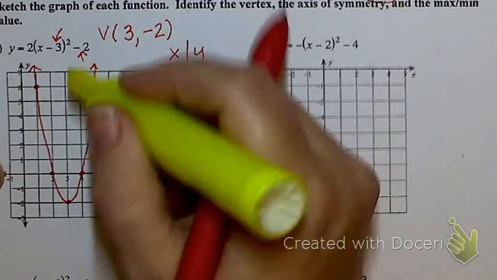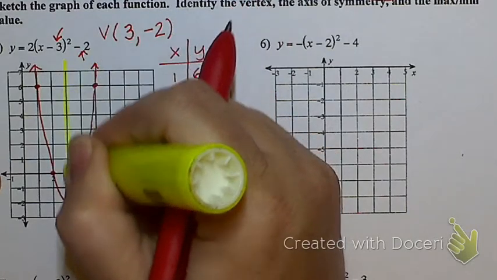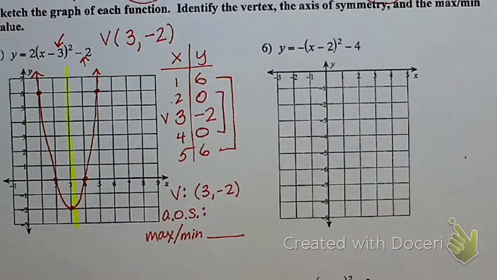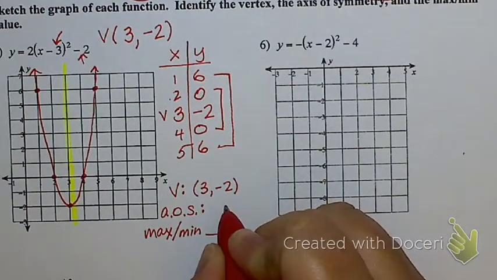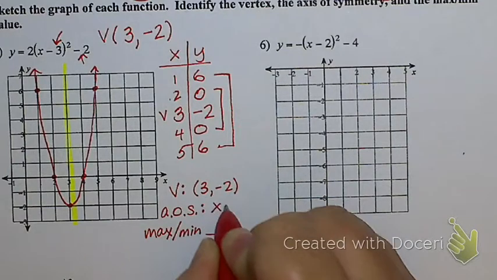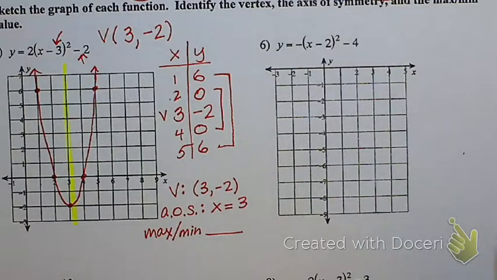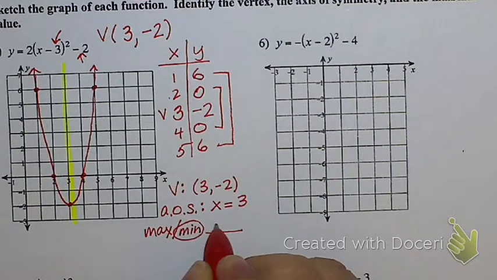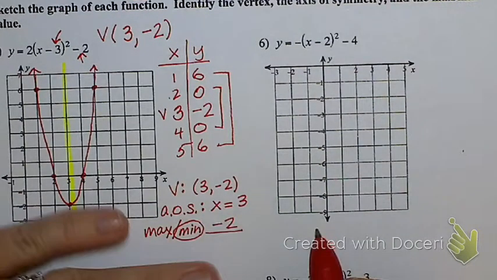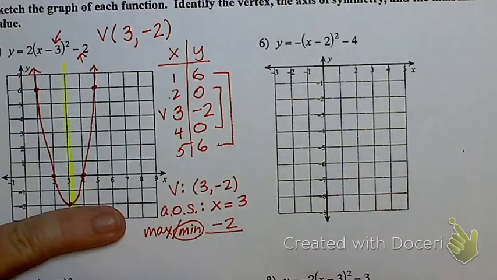And it's not. It's just a reference to the parabola. So your axis of symmetry just goes vertically through your vertex. What's the equation of that axis of symmetry? X equals 3. Do I have a maximum or a minimum? A minimum. And what is that minimum value? Negative 2. You see the lowest point is at negative 2.